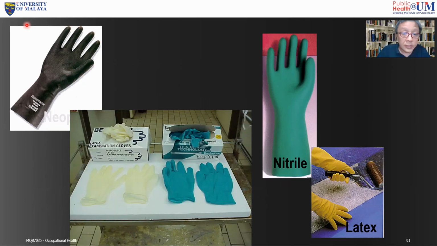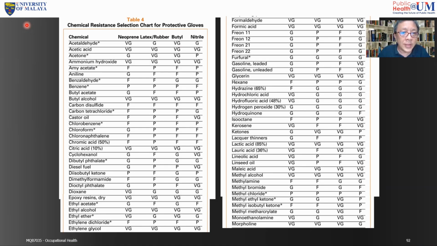All right. So we know that different gloves offer different protection, and you need to use the correct glove for the correct protection. Because of that, you need to understand what kind of rubber, what kind of material it is. E is very good, F is fair and P is poor. Let's say you use chloroform in your workplace.